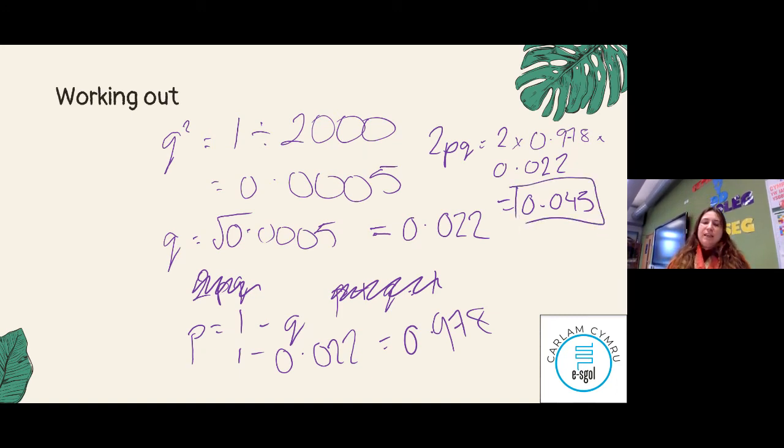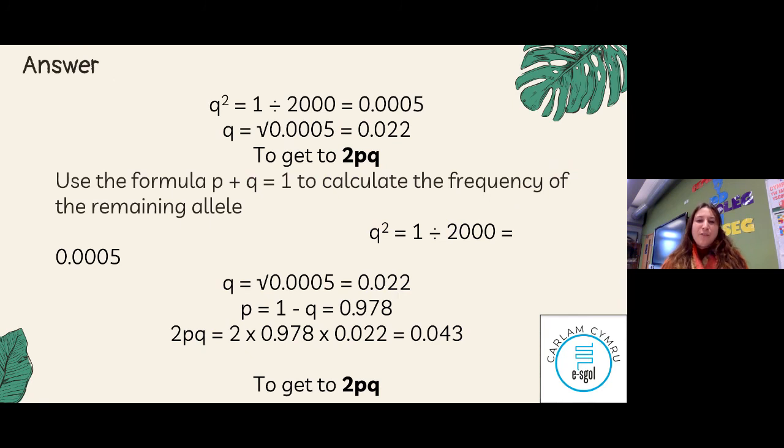If you're watching this later, you can rewind and go through that again. I have the working out here nice and neatly. So 1 out of the 2,000, we have the answer. We square root that answer to get what we'll need for 2pq. We need to remember that p and q are going to result in 1.